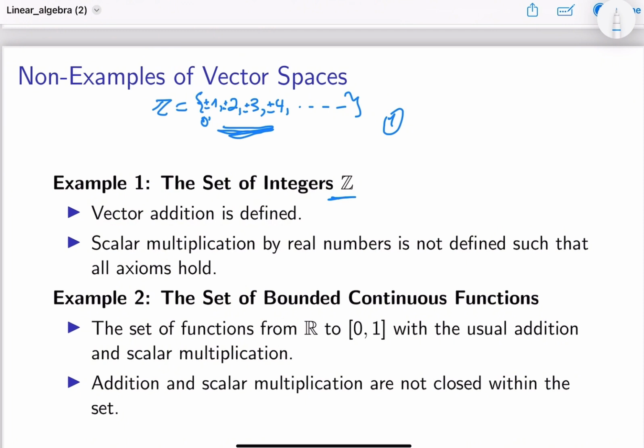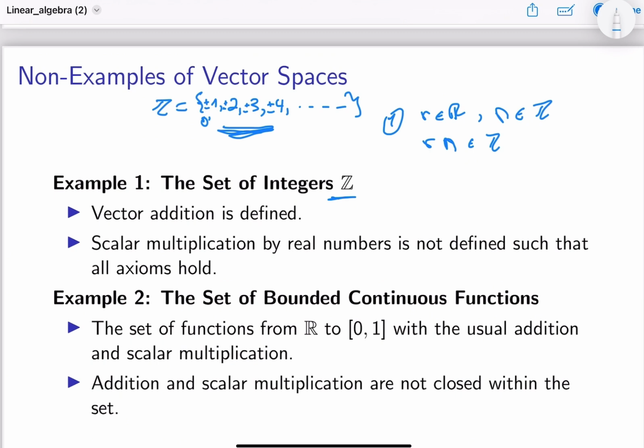You ask the next question, is it closed under scalar multiplication? If we take a real number R, and you take any integer n, is it true that R times n is still in the set, which means is it still in Z? Is it still an integer?